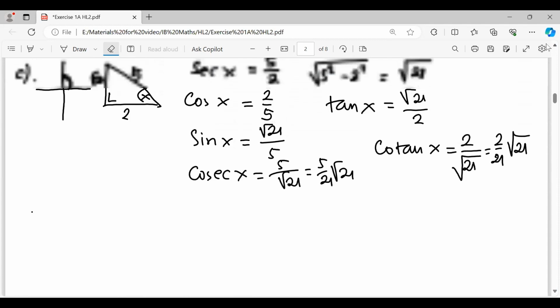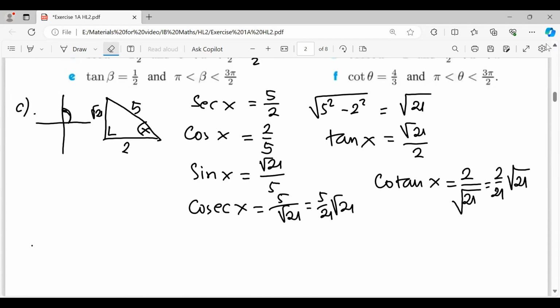All right. Part F, cotangent theta, 4/3. Okay.